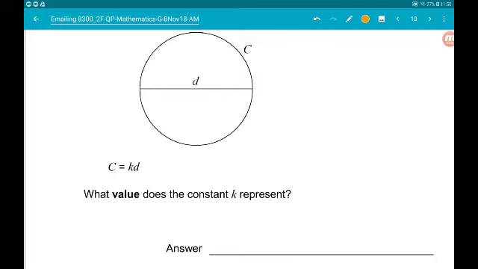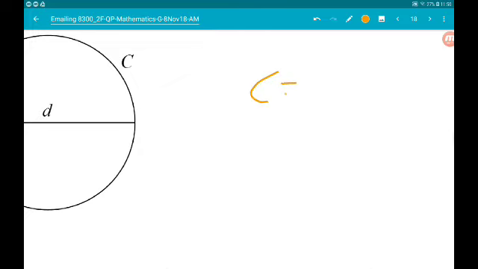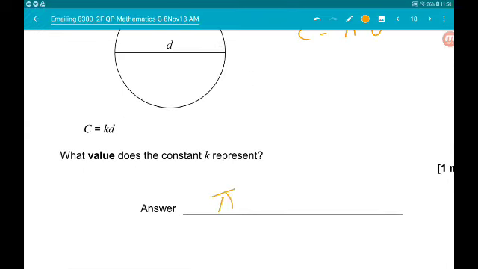What value does the constant K represent? Well, C is circumference. Circumference is equal to pi times diameter. So here, K represents pi.